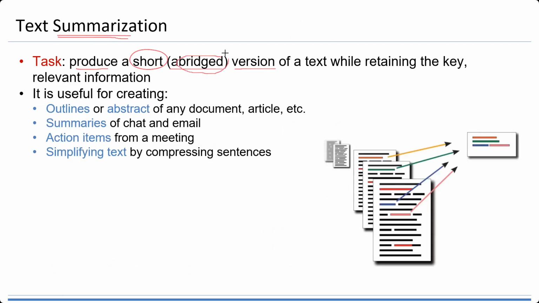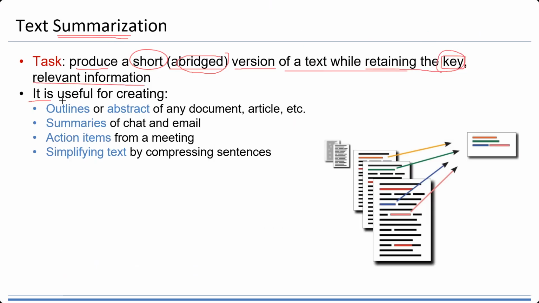So sometimes we call it abstract of a text. So we want to make it short while retaining the key. So if we have the long text, we want to know what is the keyword or the key or the relevant information.